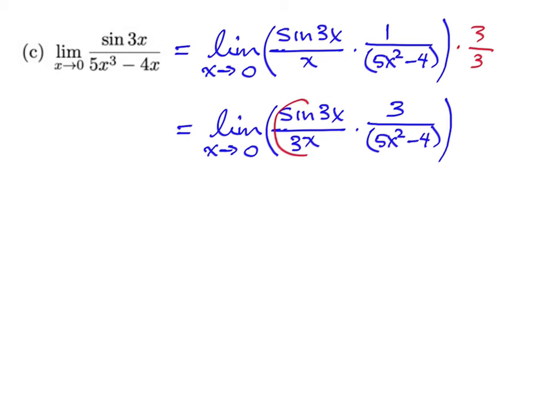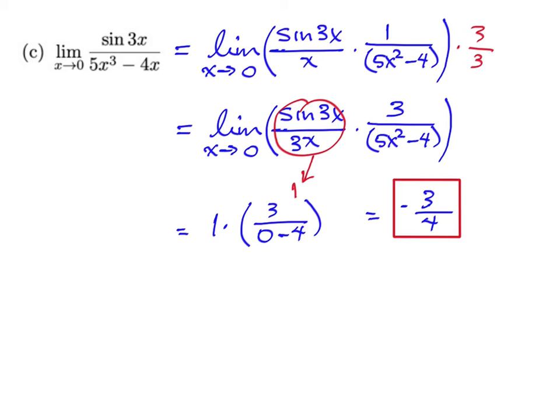Now we can see that that thing is going to just go to 1. And then that fraction, we can just plug in 0. So we get 1 times 3 over 0 minus 4, which is negative 3/4.